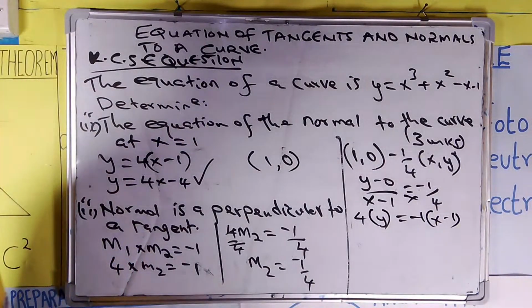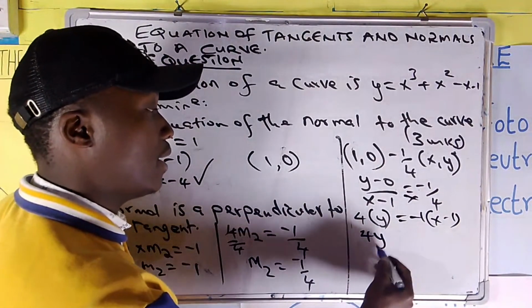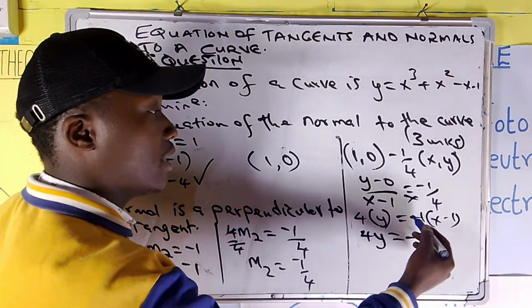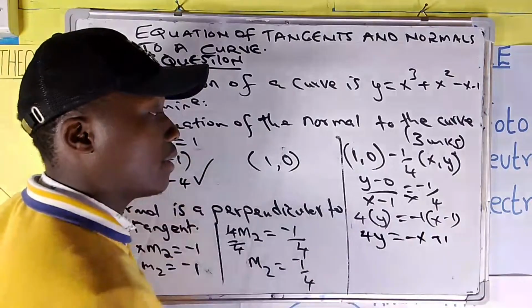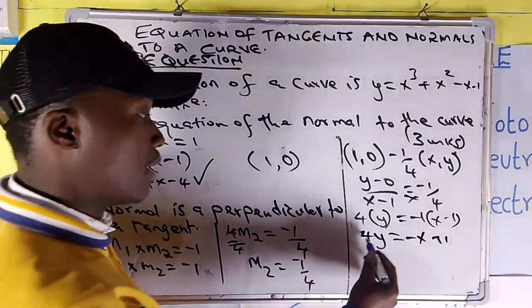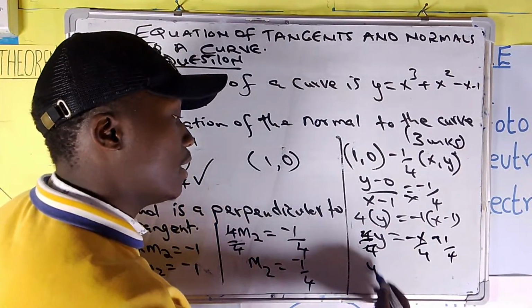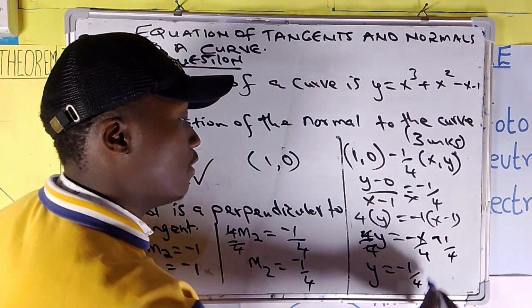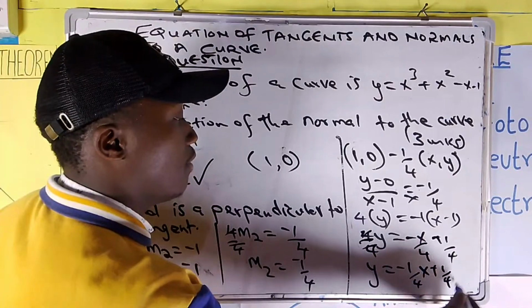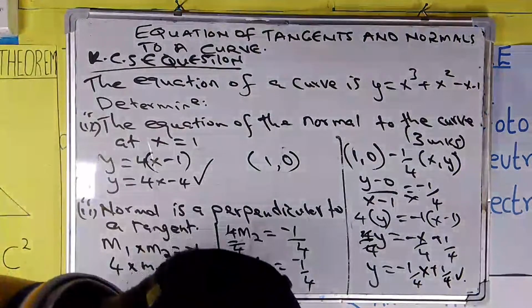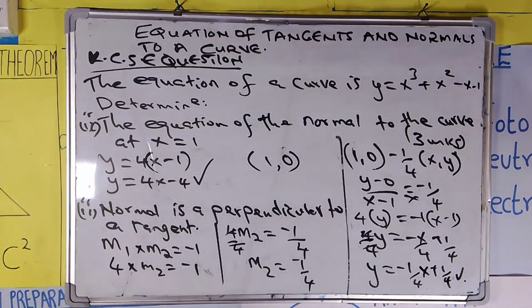That gives us 4y is equal to negative x plus 1. Then we divide by 4, and we get y as negative 1 over 4 x plus 1 over 4. That is how we go about that question.